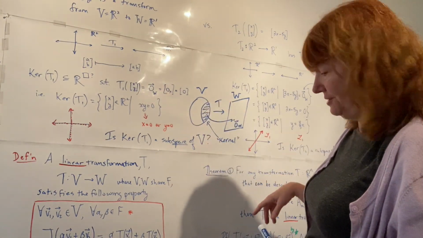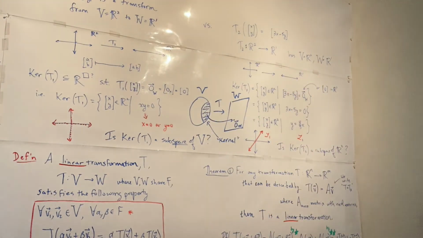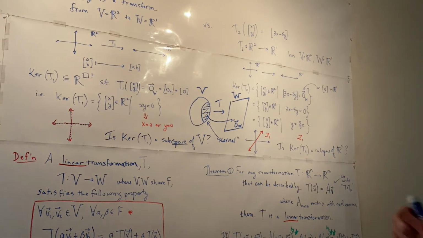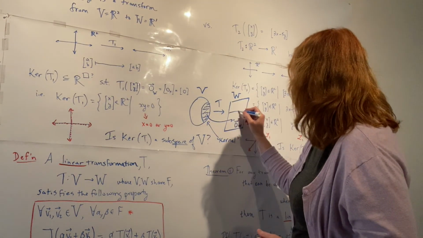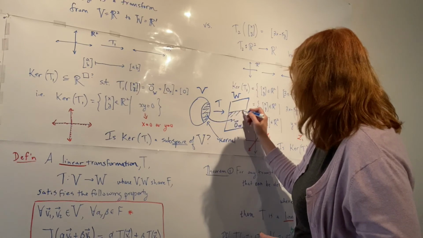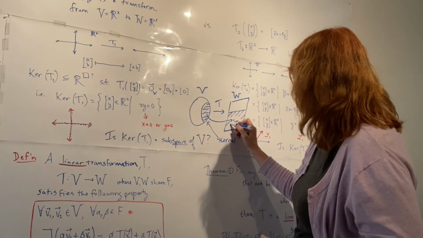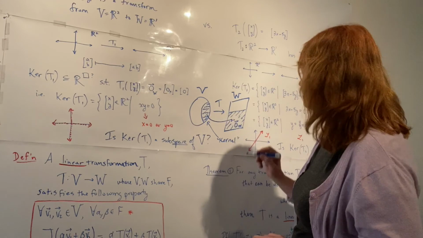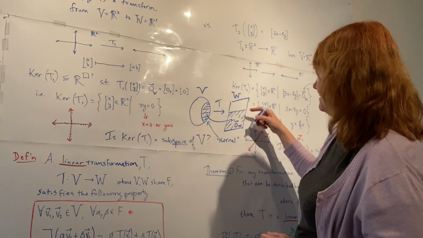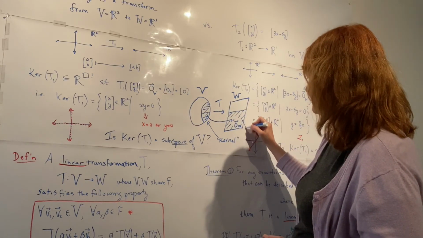The range is over here. It may not necessarily fill up all of W. It's a subset, so this is the range over here.